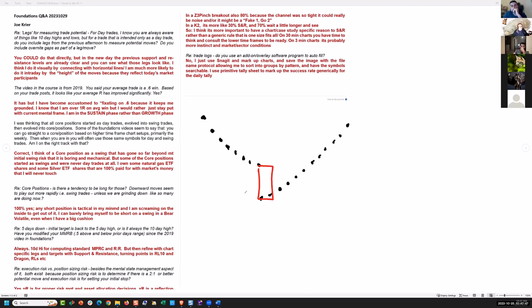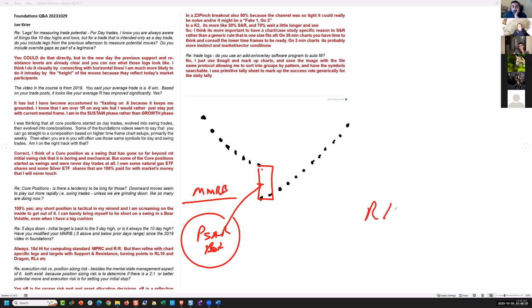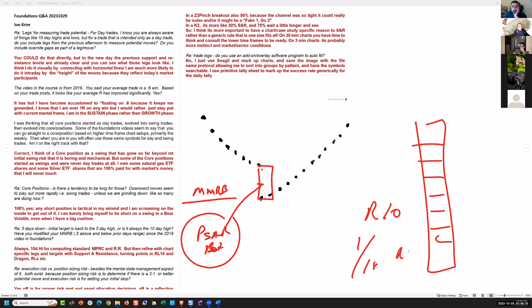And on day trading only, it's not unusual for that to be, in terms of the MMRB, the PSAR, let's call that the PSAR box right here. And then over here I have the R10, which happened to be 1/10 of the range stat.